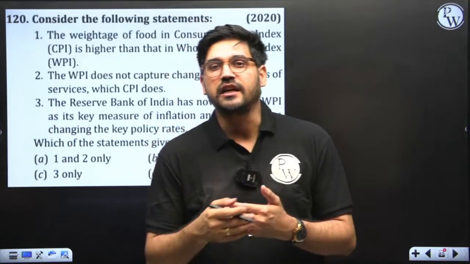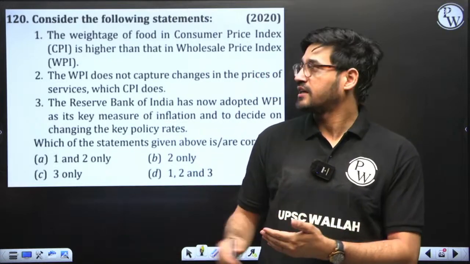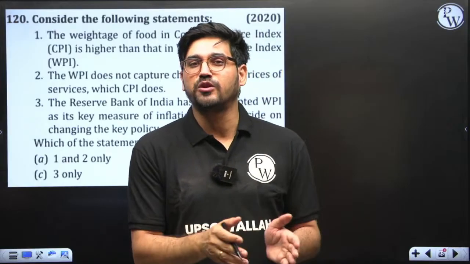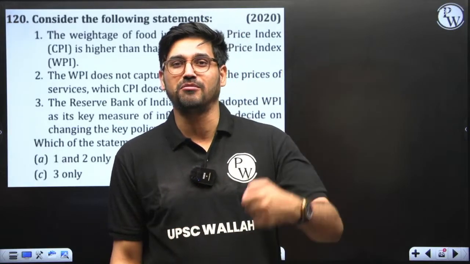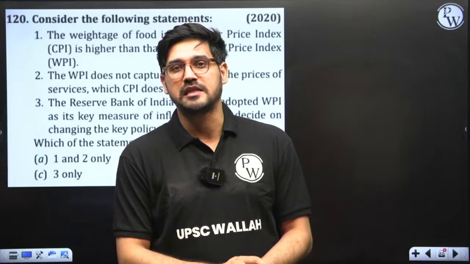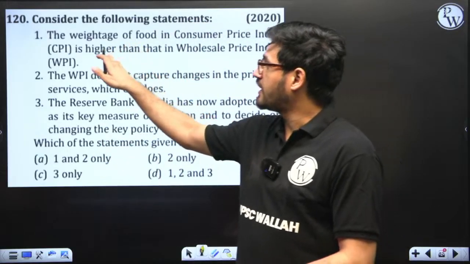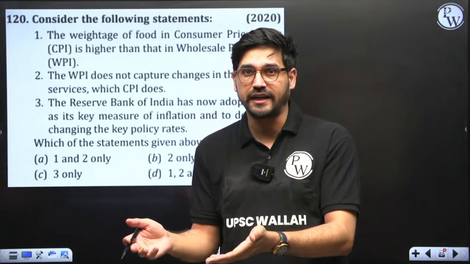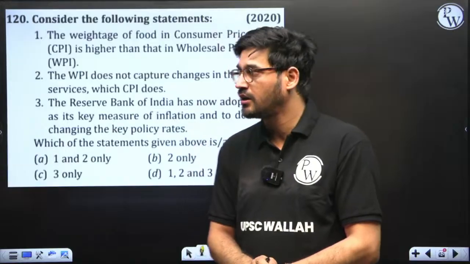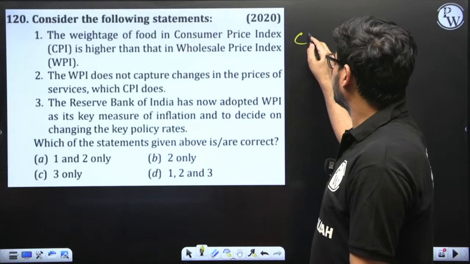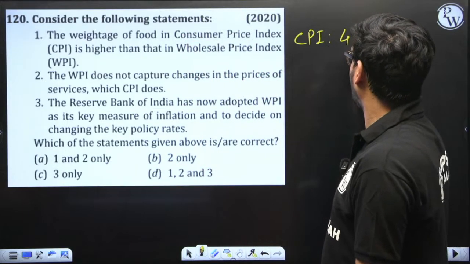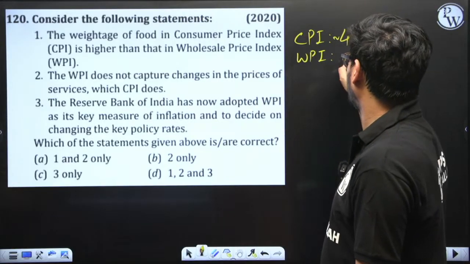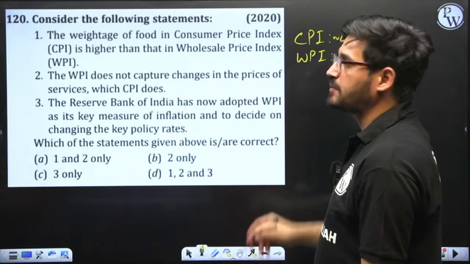Quite obviously, an average consumer is going to be spending a greater proportion of their income on food compared to a wholesaler. So the first option, although it's an option of information, you should know this ideally because inflation is a very, very important topic. In CPI, the weightage of food is roughly around 46%, while in WPI, the weightage of food is somewhere around 26%.